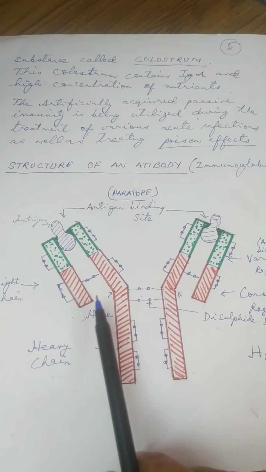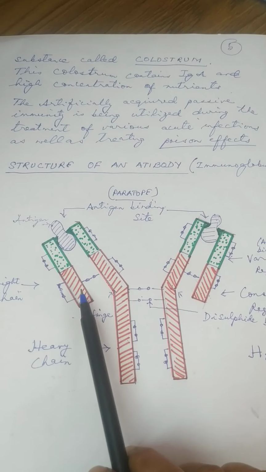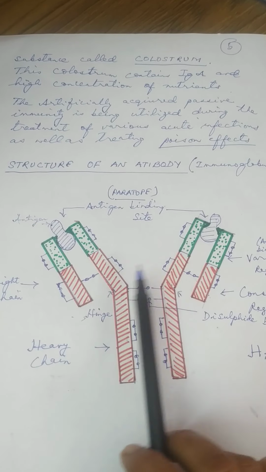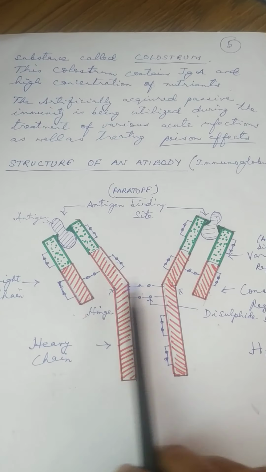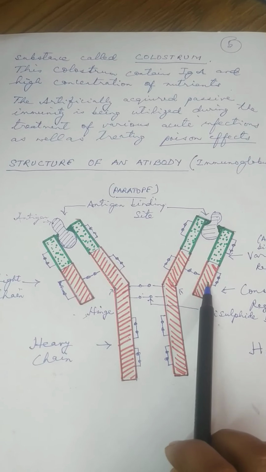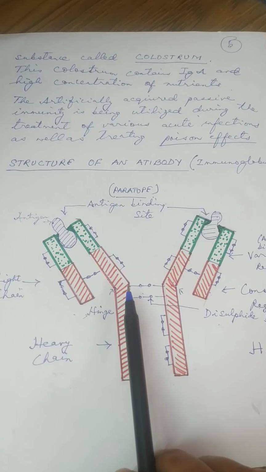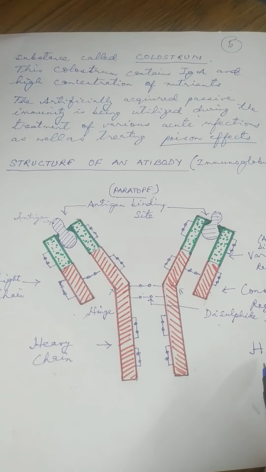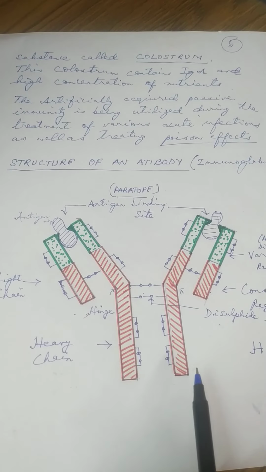And as there are 2 long chains which are heavy chains and 2 short chains which are light chains present, for this reason an antibody is represented by what? H2L2. So all these I have explained in my last class.